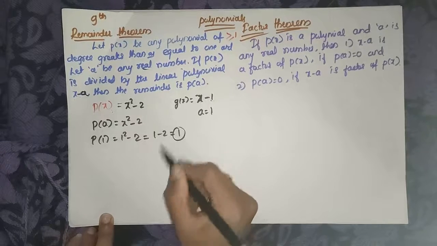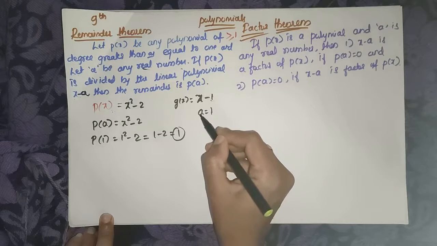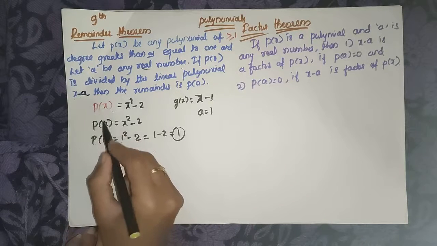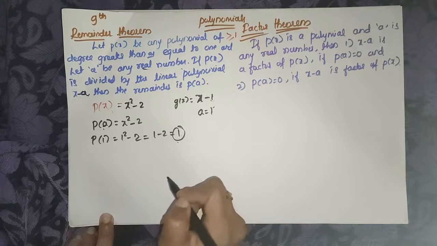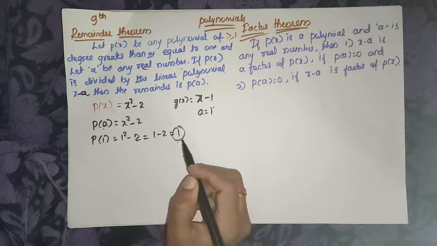So the remainder is minus 1. When we substitute the value a in the place of x, we will get the remainder.